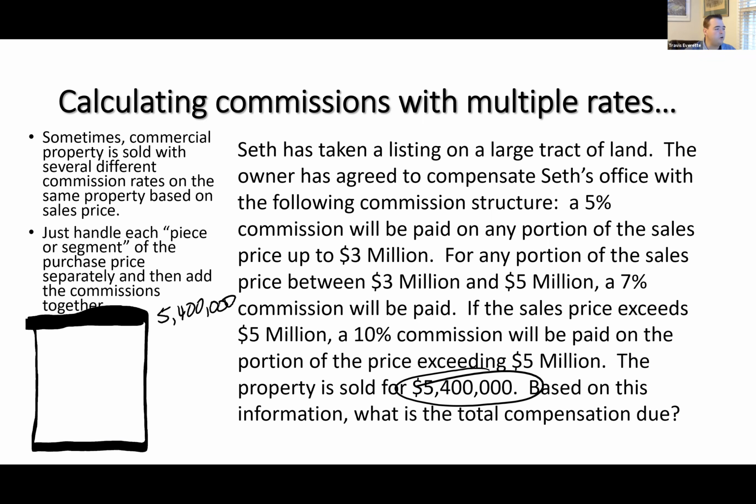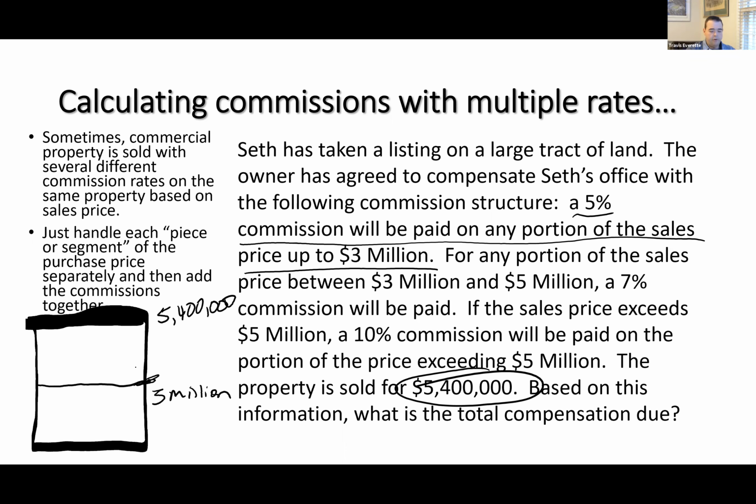Now I'm just going to start putting lines in here where they tell me these goals are. I'm going to read through it. It says a 5% commission will be paid on any portion of the sales price up to $3 million. So let's say here's $3 million, right there. Imagine there's a line right there.